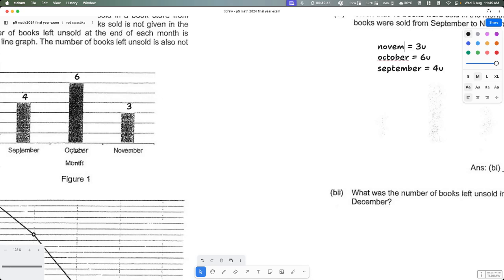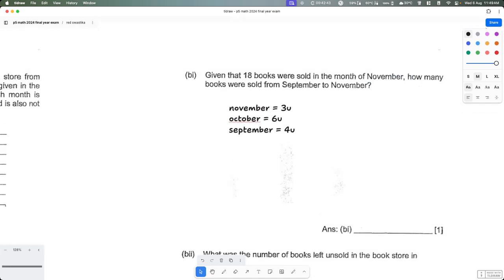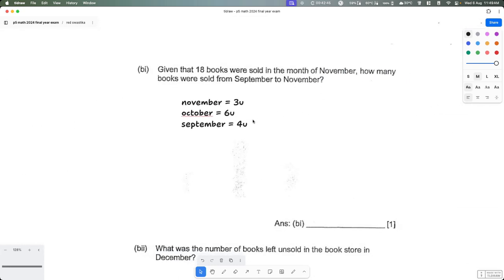Given that 18 books were sold in a month, 3 units is equal to 18 for November. So 1 unit is equal to 18 divided by 3, which gives us 6.